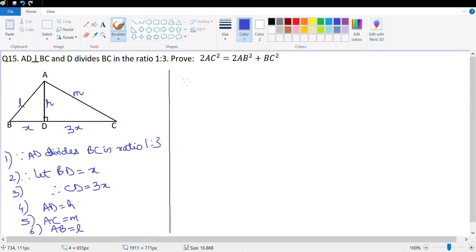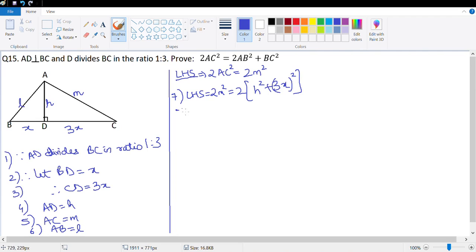So left hand side is equal to 2AC square. AC is M, which means 2M square. So M square can be written as, instead of M square, I can write H square plus 3X whole square.